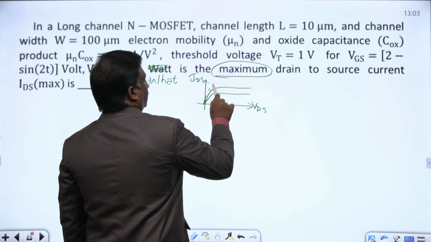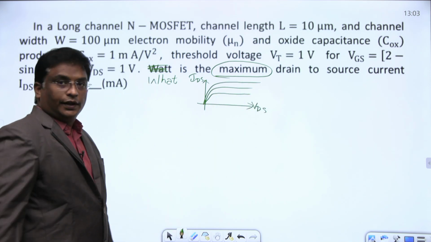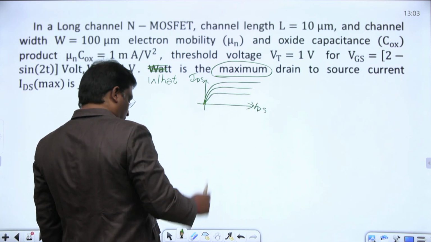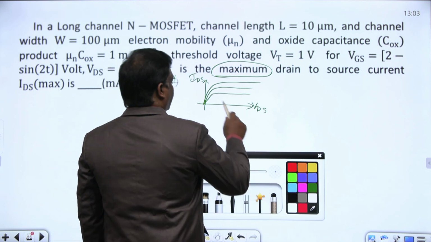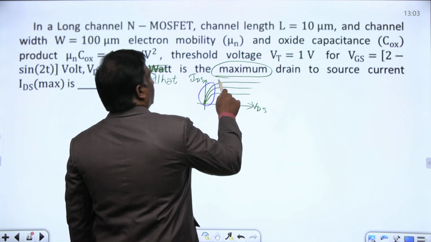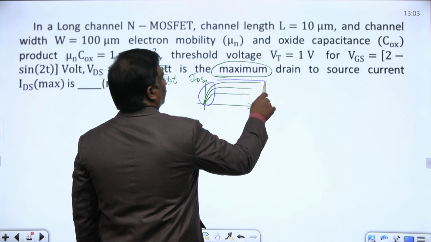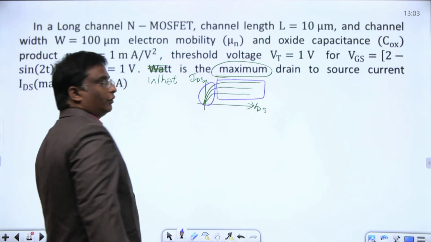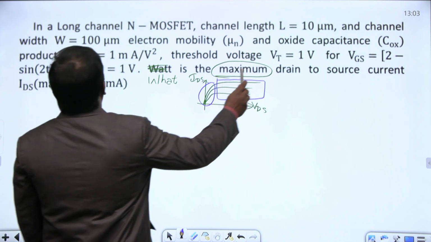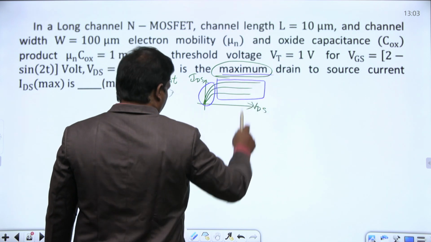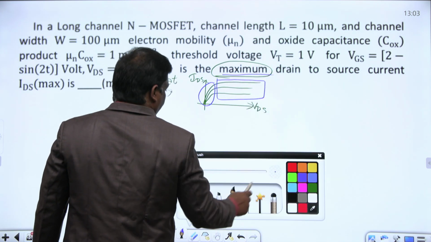This region is called the linear or non-saturation region, and this region is called the saturation region. In the saturation region, the current will be maximum. They are asking for the current in the saturation region only, with this VGS, the maximum current.